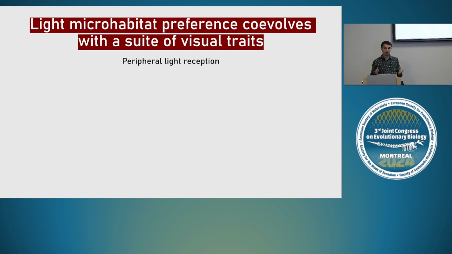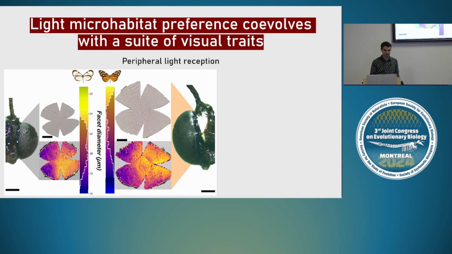We started off by looking at peripheral light reception, the eye, basically. We collected a bunch of eye physiological data, which unfortunately I don't have time to show you. But we also looked at eye anatomy from dissected samples of eye cuticle. And we found significant positive associations between a bunch of these anatomical traits with that light environmental axis that I showed you earlier, in ways that cannot be explained by allometric effects.